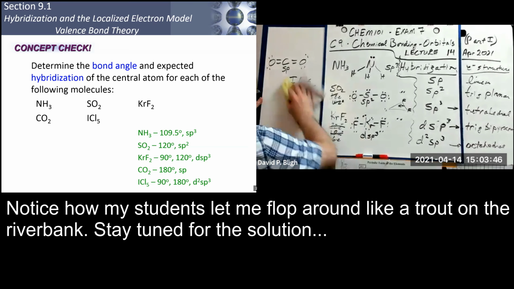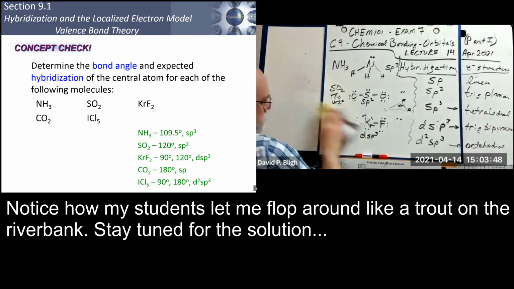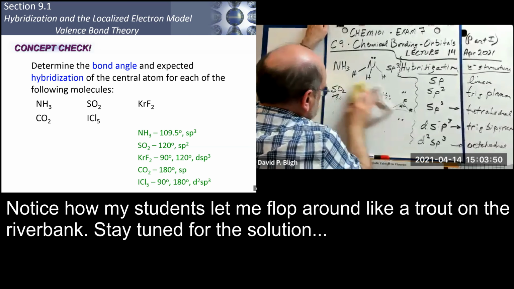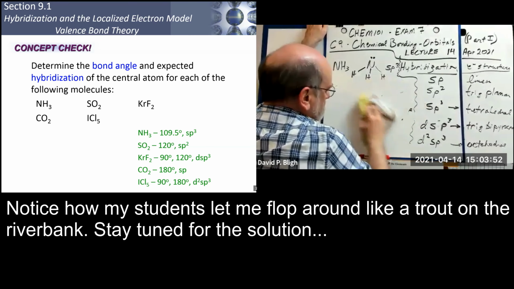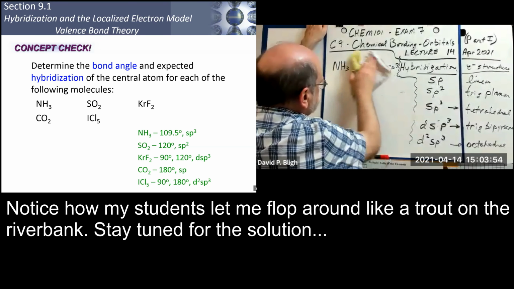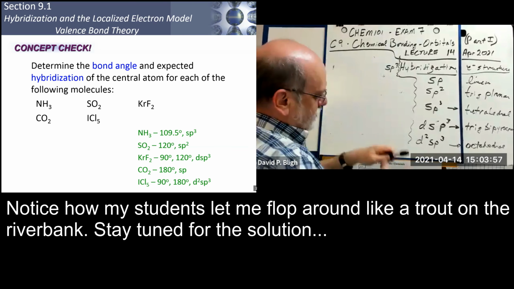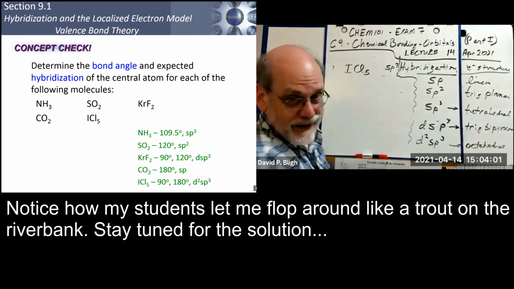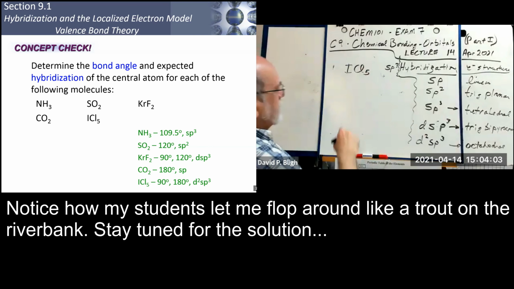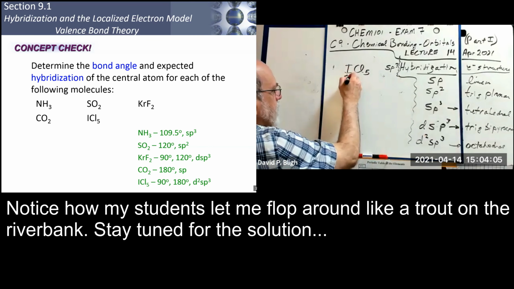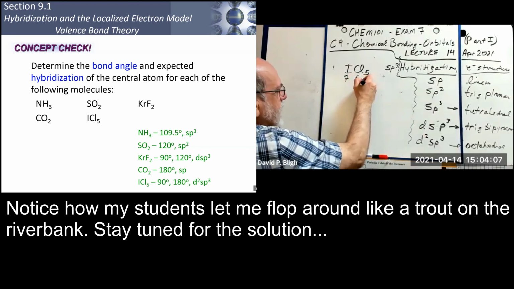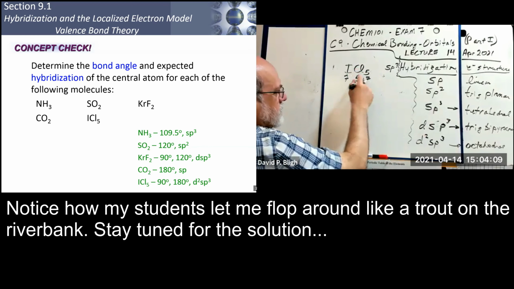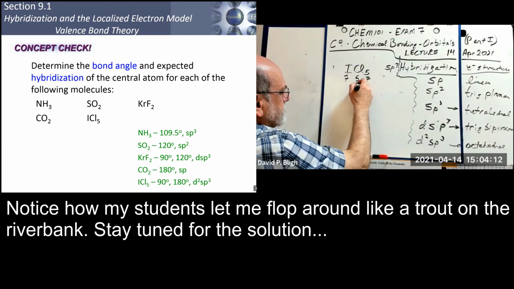All right, let's start all over again. Start from scratch. ICl5, correct? Okay, there's 7 there, and there's 5 times 7 here. So that's 35.